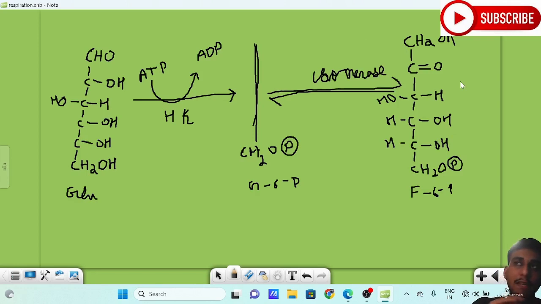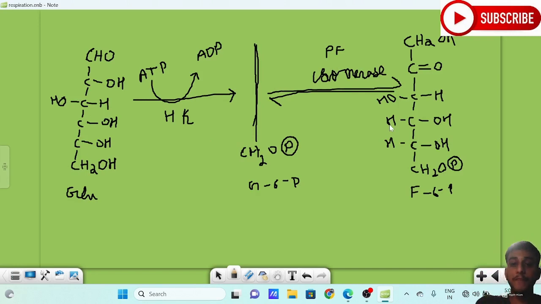Actually, for NEET students, the name is not needed, but I'm saying it. The name is given according to the molecules, which means fructose can be converted into glucose, glucose can be converted into fructose. Okay. So we have completed the 3 steps.